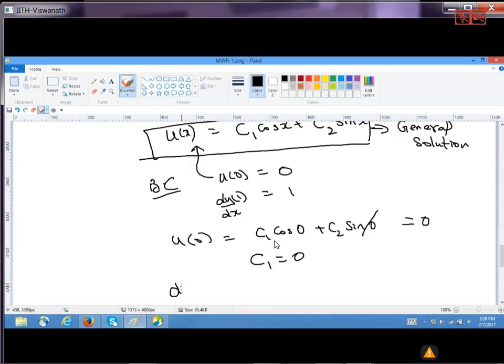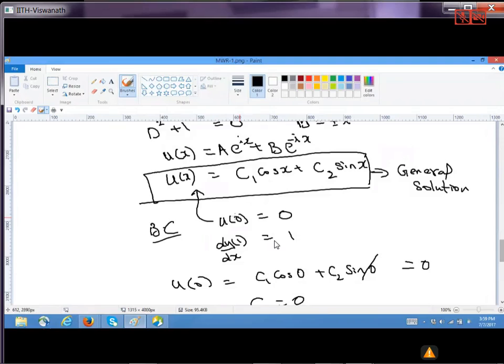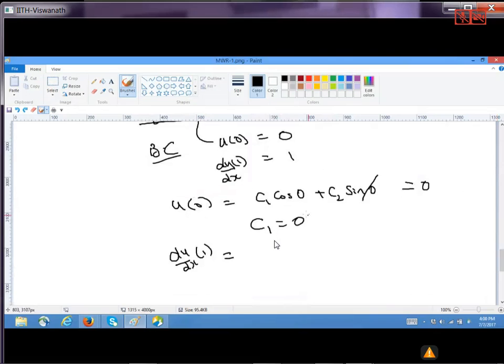Next, du by dx at 1. Since c1 is already 0, I can write my u of x equals c2 sin x, so du by dx is equal to c2 cosine x.